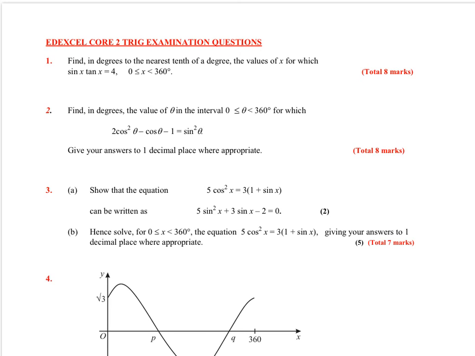As I say, I'd also recommend looking at examsolutions.net for a few of these questions, especially exam type questions. The ones that I like to put in especially are question 2, where you're having to manipulate the equation using the identities right at the very beginning.